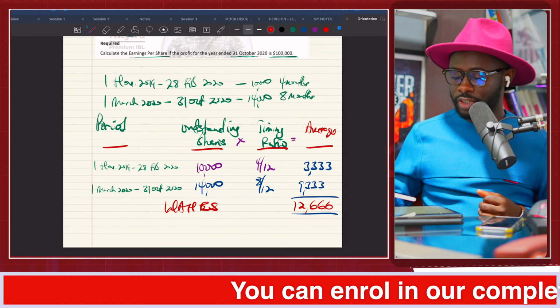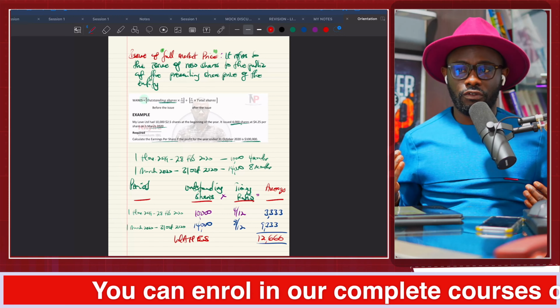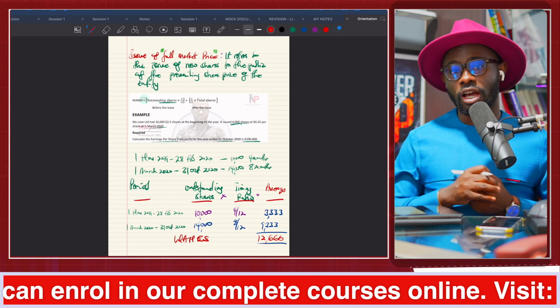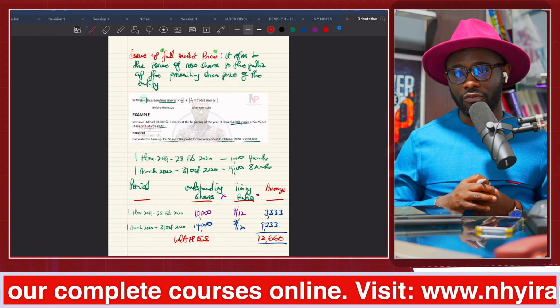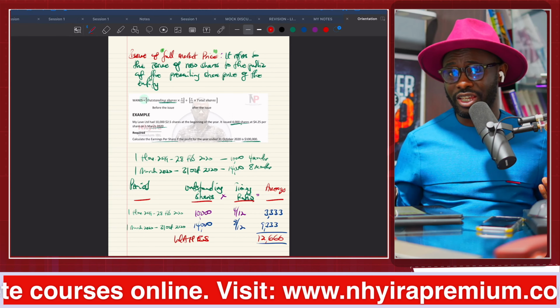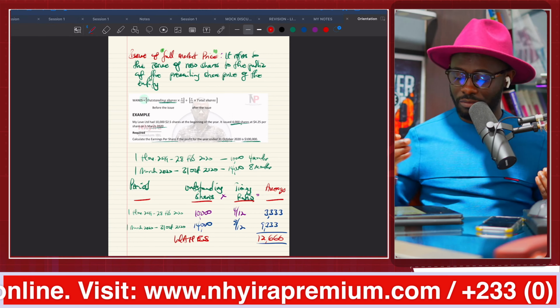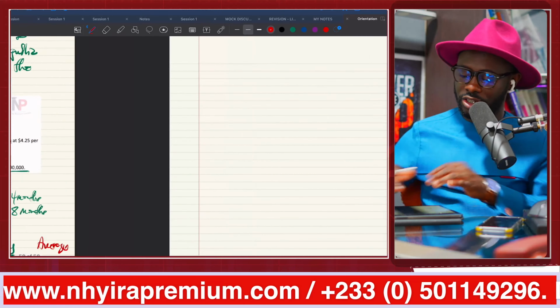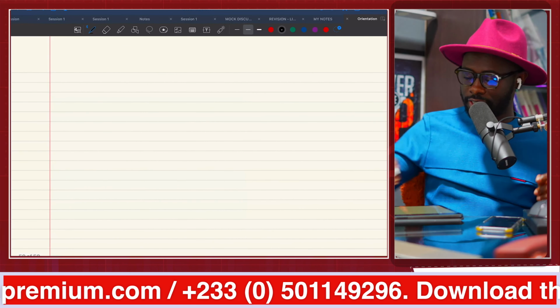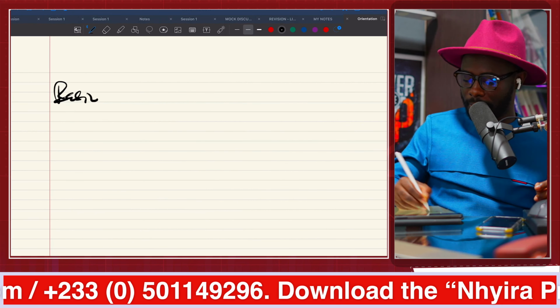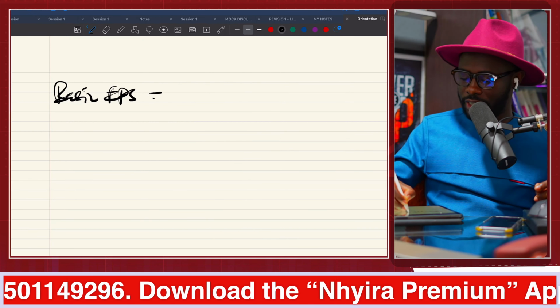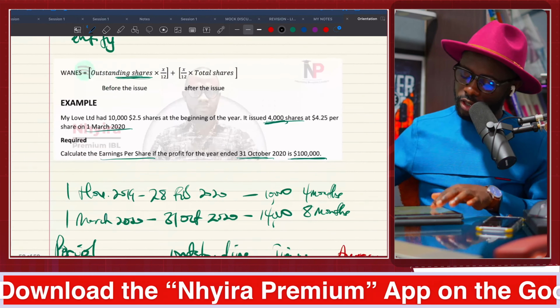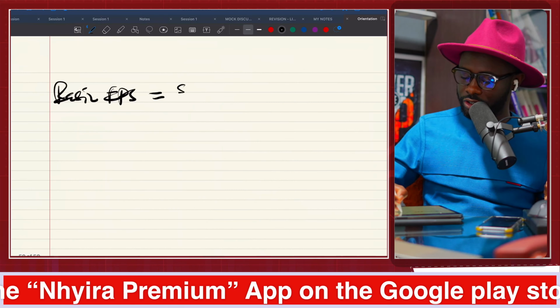12,666 shares. So issue at full market price, that's how we calculate our weighted average number of equity shares. But that's not what the examiner said we should do, right? The examiner said we should calculate the basic earnings per share for the entity, what is happening currently, and that'll be the profit of $100,000.